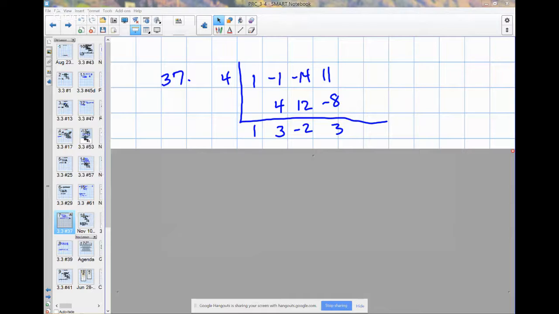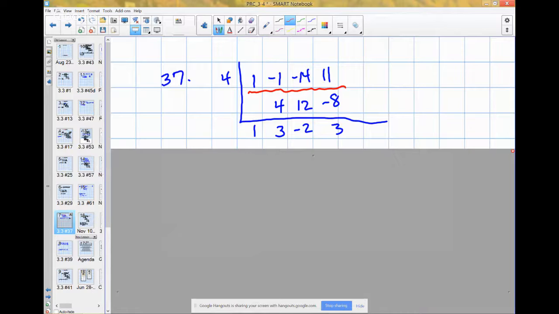On number 37, you notice they gave us this polynomial, x cubed minus x squared minus 14x plus 11. I've got the coefficients right here in this synthetic division grid: 1x cubed minus 1x squared minus 14x plus 11. So that's where I got those numbers from.